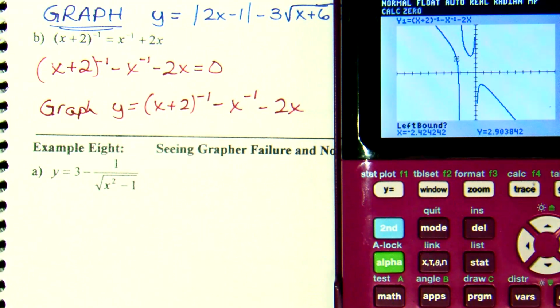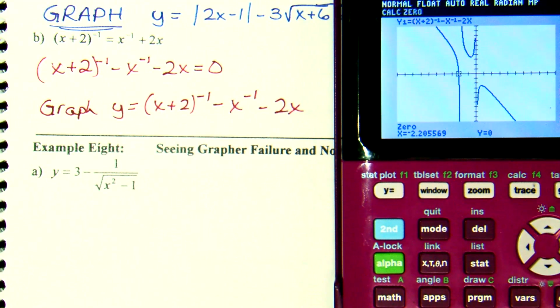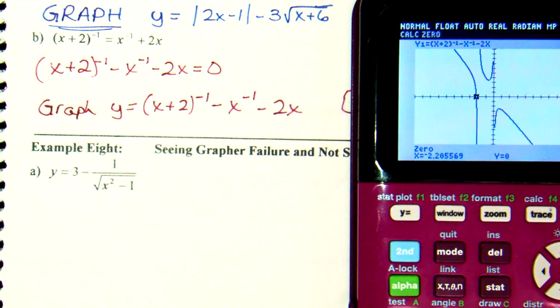There's my left bound. Right bound: basically, we want to be below it. So there's my right bound, and then my guess goes back to that area. Negative 2.205569. I'm going to write my answer as negative 2.21. Are we getting the hang of this?